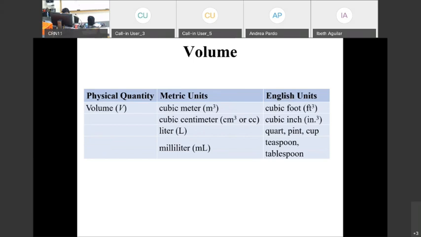That's because we use the advantage that the density of water is 1 gram per centimeter cubed, or 1,000 kilograms per meter cubed. Because we know that, we can use it to convert from meters cubed to liters. There is a nice conversion there.